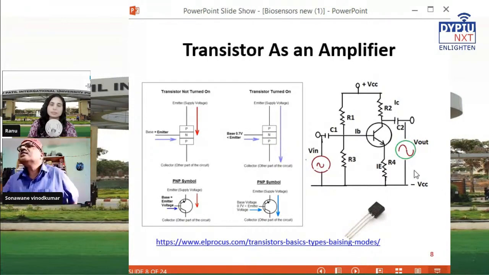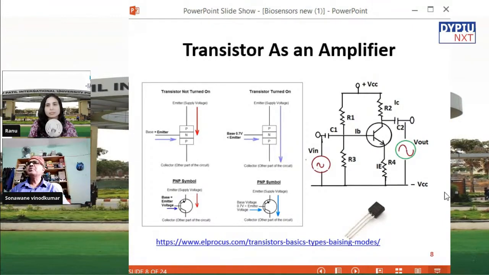So basically, the transistor amplification is given by IC equals beta into IB. Beta is the amplification factor of that particular transistor, and depending upon the beta factor, the transistor will amplify the signal. They also act as a switch.